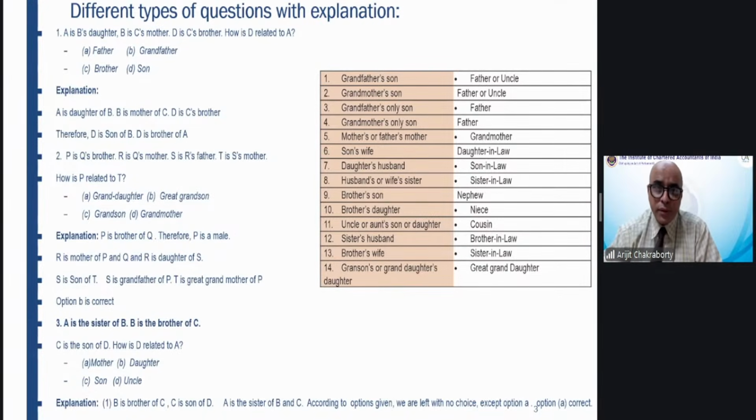D could be the father or the mother. We are absolutely clear about the gender of the children. We have A is female, B and C are male.